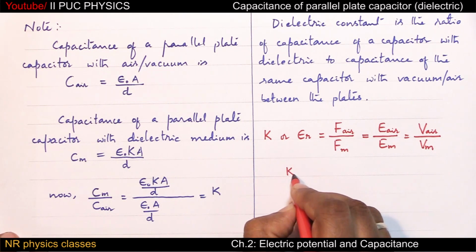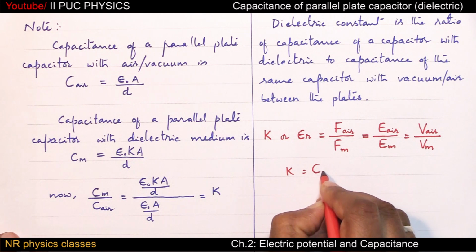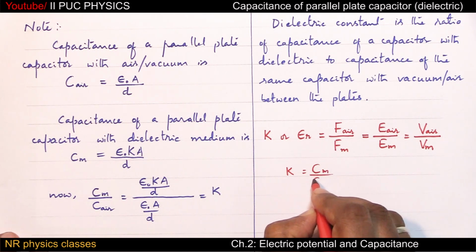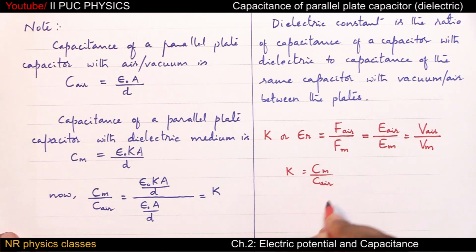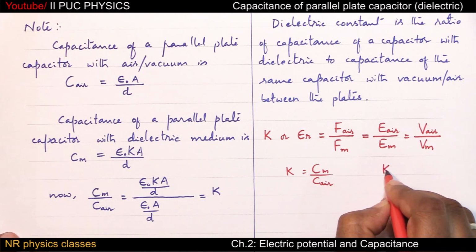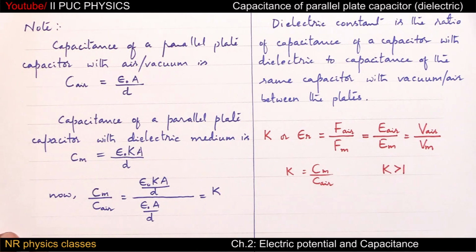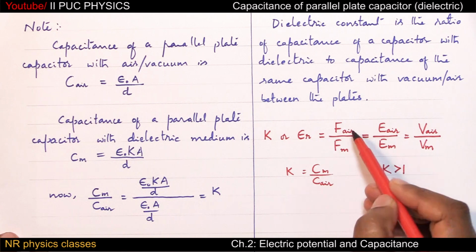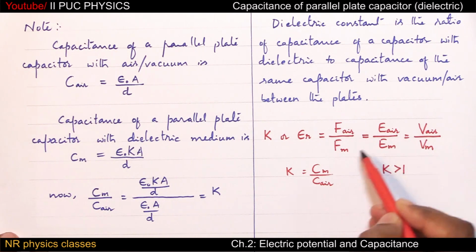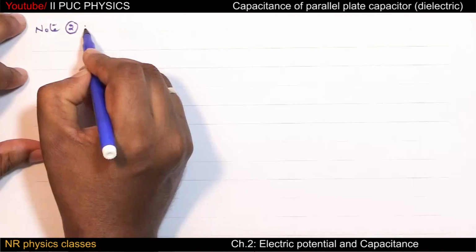But K is capacitance in medium by capacitance in air, and always K is greater than 1. If K is greater than 1, it means numerator is always greater than denominator.